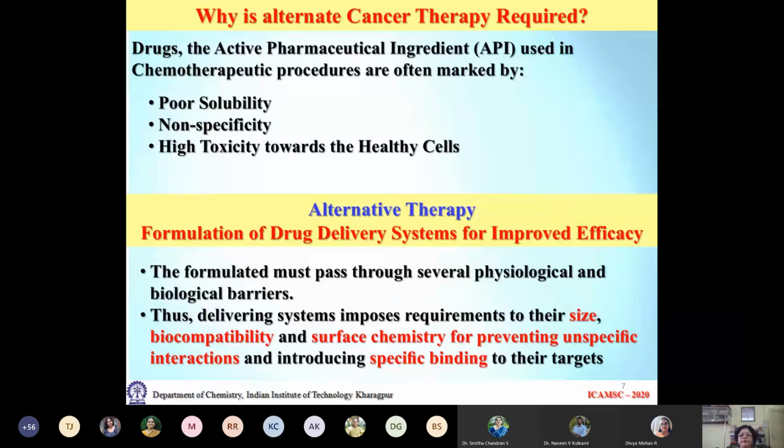And the surface chemistry of the material which is carrying the drug with it should be such that it doesn't have specific interaction with the other organs, or introduces specific binding to the target which is required. So these are the things which we look into when we are trying to find an alternative therapy in the form of a delivery system where you deliver the drug directly to the site.